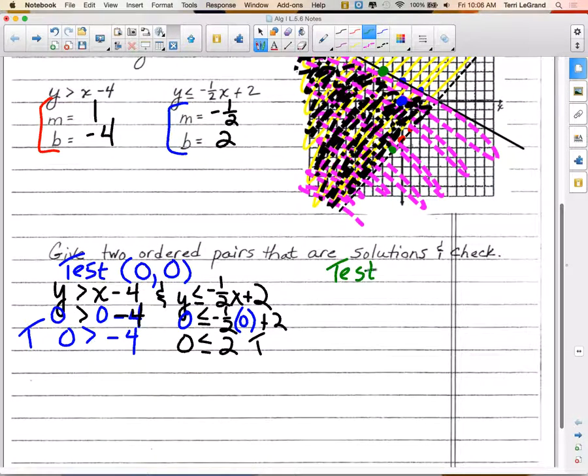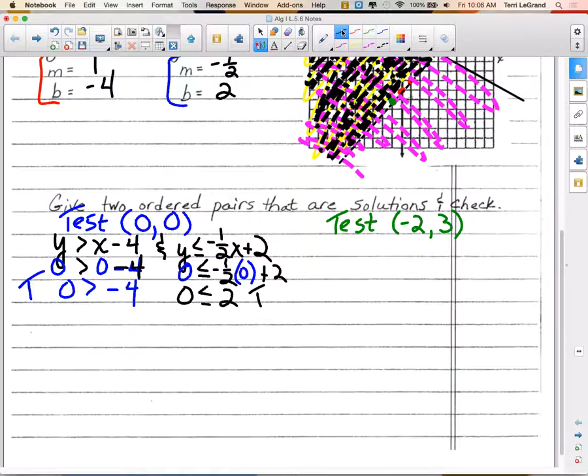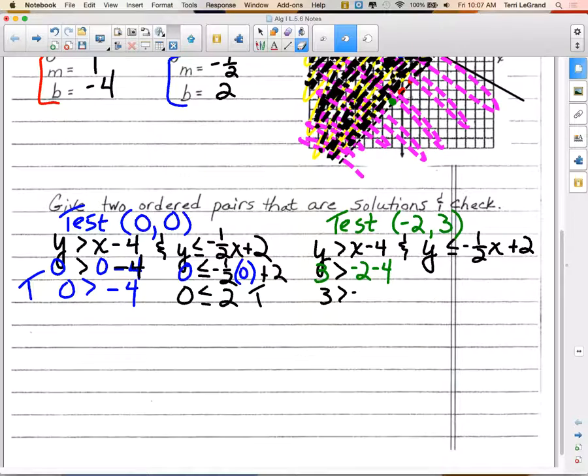Test negative 2, 3 in both of our inequalities. Negative 16, that's not true.